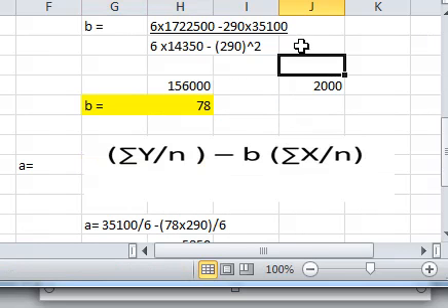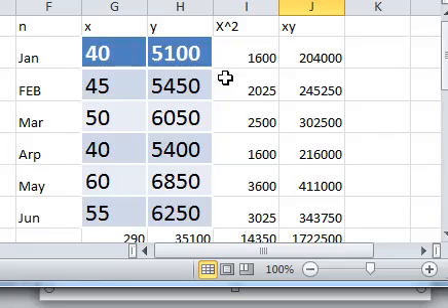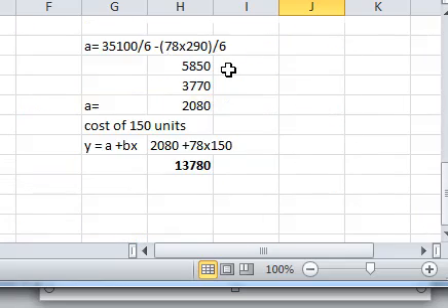78. So after getting b, then you can get your a, which we said our a will be summation y over n minus b summation of x divided by n. So you substitute in our figures that we have already got in this table above here.